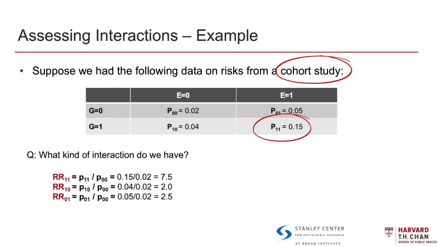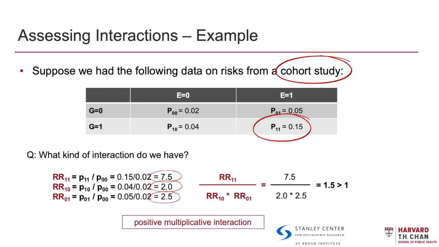And we would get 7.5 for the joint, 2.0 for the presence of the genetic risk factor, and 2.5 for the presence of the environmental risk factor. So we would take the 7.5 value divided by the product of 2 and 2.5, and we would get 1.5, which is indicative of evidence of multiplicative interaction. So we would say there is positive multiplicative interaction.